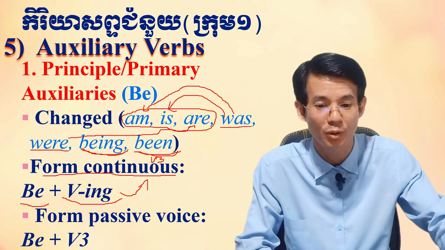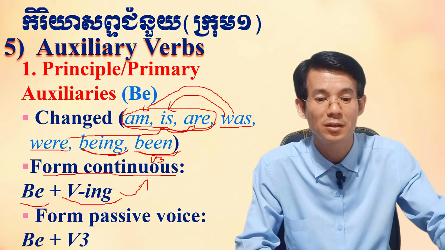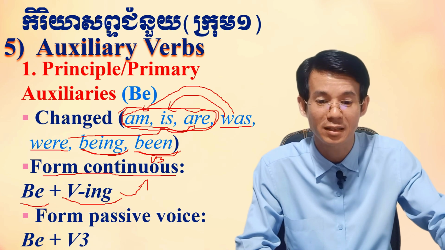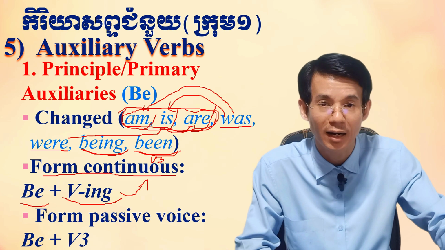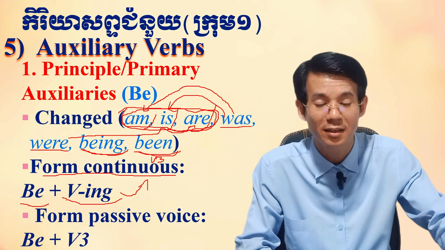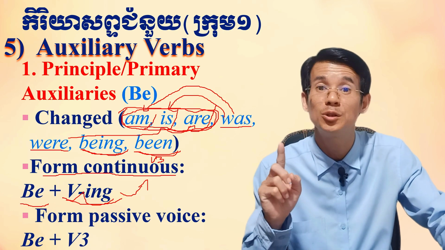For example, when you use one of the three forms of be in present, am, is, or are, followed by verb-ing, we call it present continuous tense.